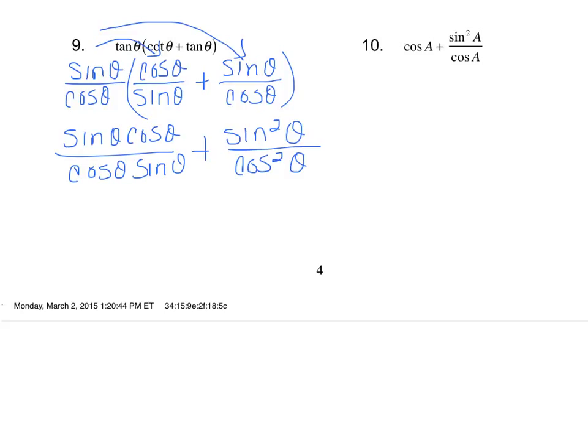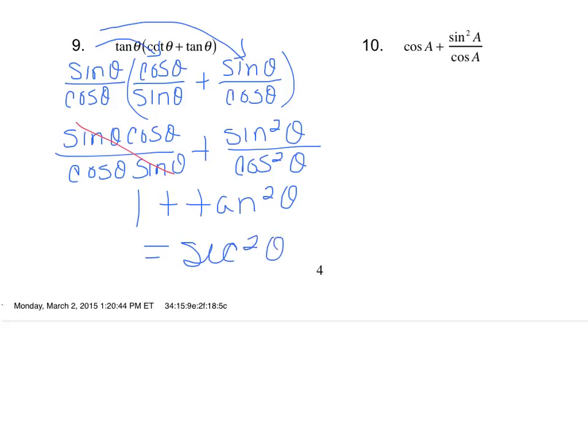Sine of theta times cosine of theta and cosine of theta times sine of theta cancel each other out. So that's actually 1. Plus sine squared of theta over cosine squared of theta, which is tangent squared of theta. And that's an identity: 1 plus tangent squared of theta is secant squared of theta. Wow, that was a long one. So what did I do?